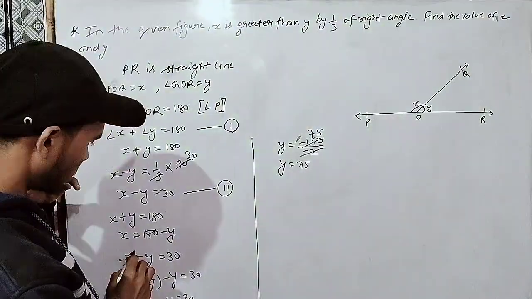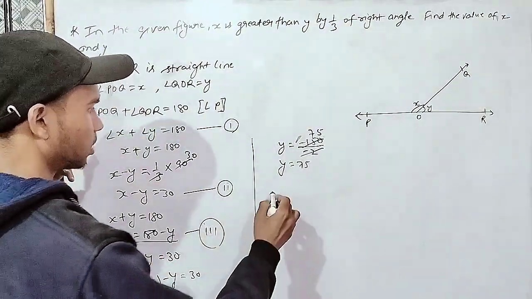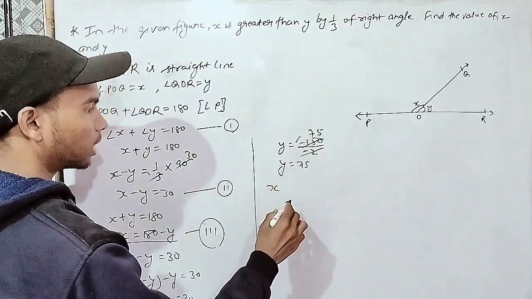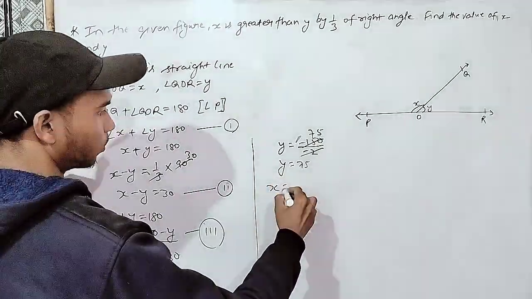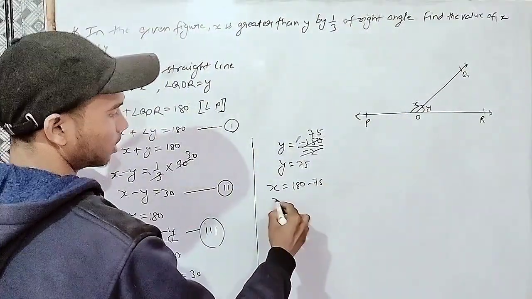So let's say this is the third equation. We are going to use the third equation to apply the value of y. X is 180 minus y, which is 75. Clear?